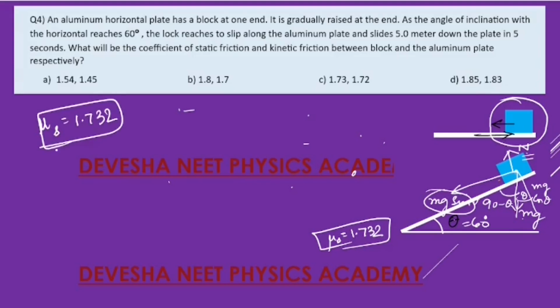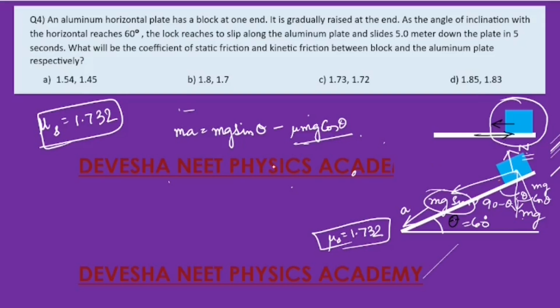What about the kinetic friction now? Kinetic friction will be applicable when the body starts moving. When the body is moving, it will be moving in this direction with an acceleration of a. So I can write ma is equal to the sliding force, the gravitational force mg sin theta, minus mu mg cos theta, which is the frictional force.